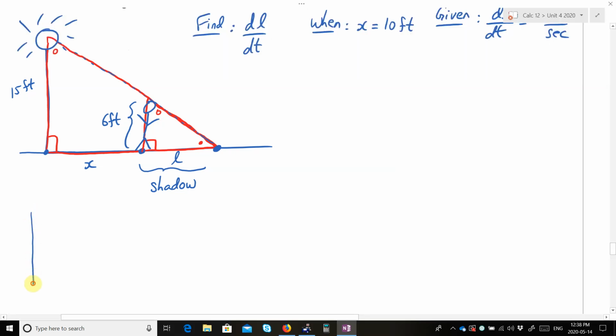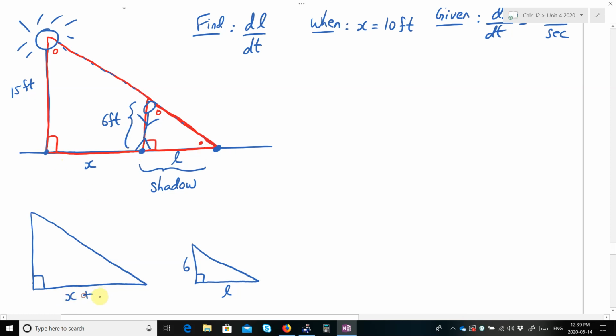And when you have similar triangles, their sides are proportional, which means the bigger triangle is just a multiple of the smaller triangle. So this is L and this is 6 in the small triangle, and in the big triangle we've got x and L, so this is x plus L, and this is 15.